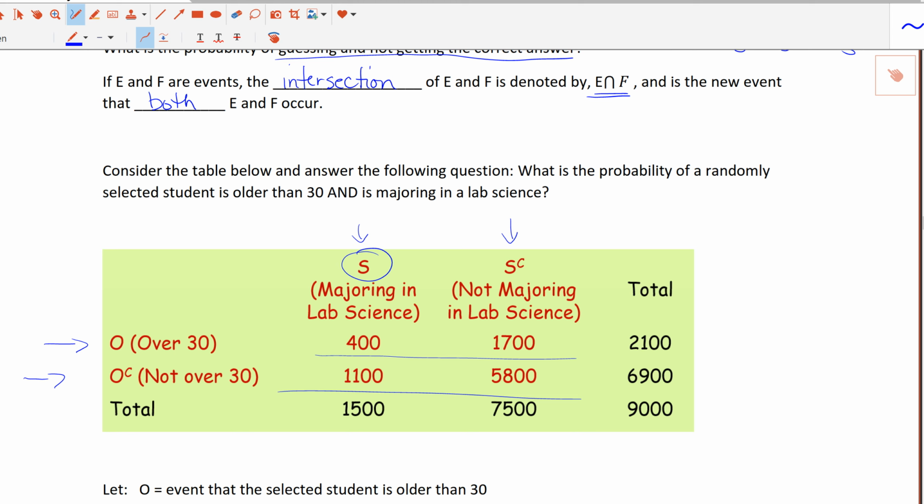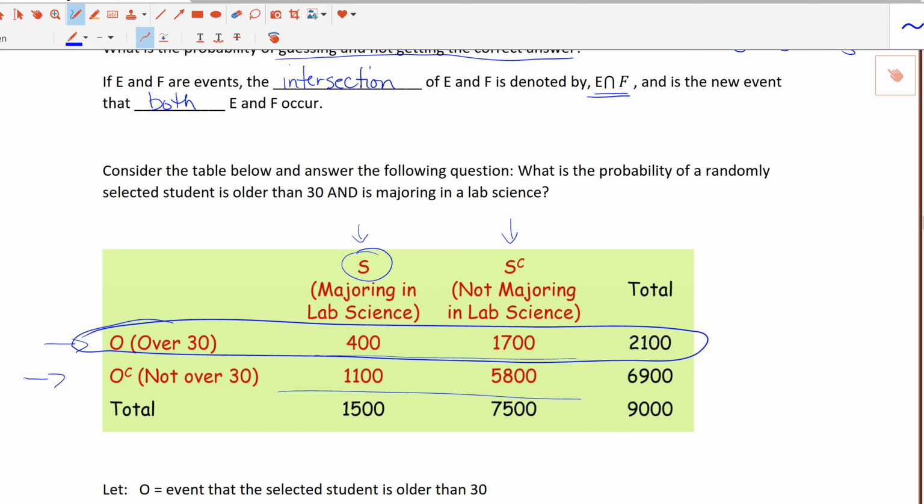Okay, so if we are looking for somebody who is older than 30 and majoring in a lab science, we're looking here at this row, and majoring in a lab science is this column. Where do they overlap? They overlap right here at 400. So out of the total number of people, 9,000, there are 400 that are older than 30 and majoring in a lab science.